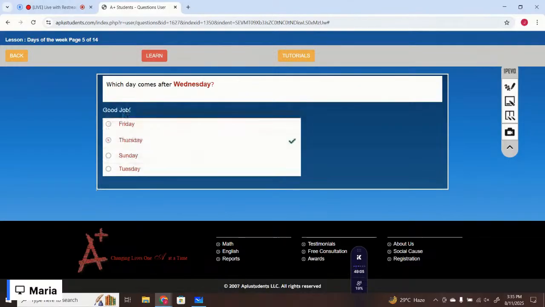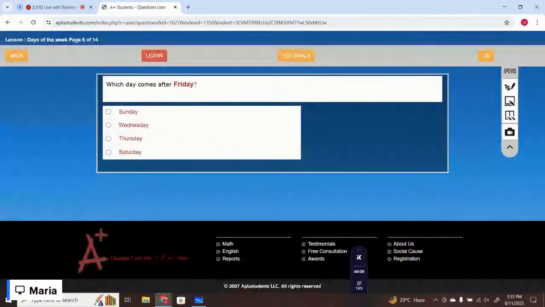Option number 2 is the correct option. Which day comes after Friday? Saturday, it is. Option number 4 is the correct option.